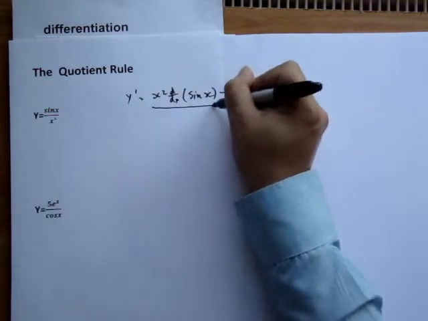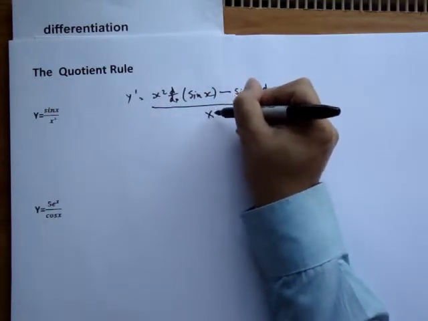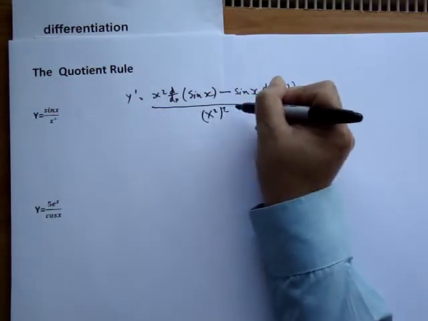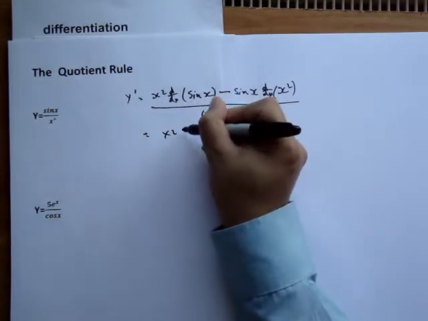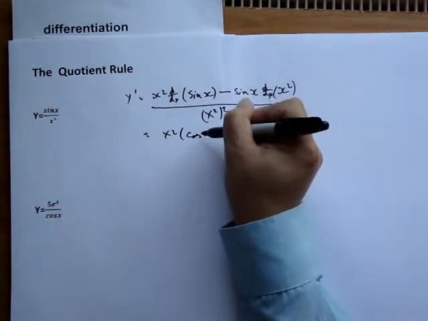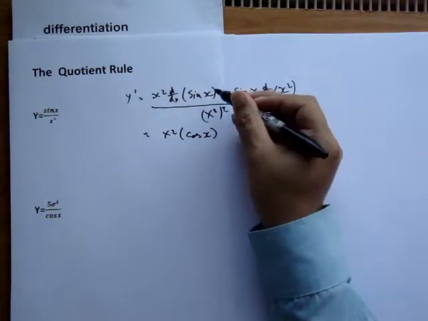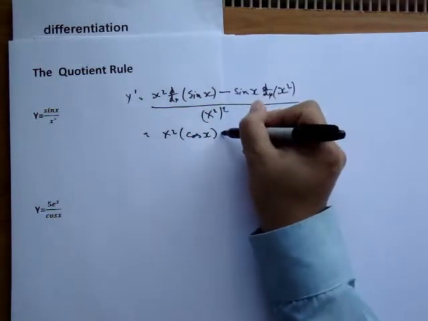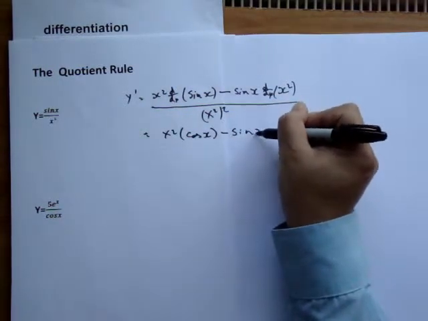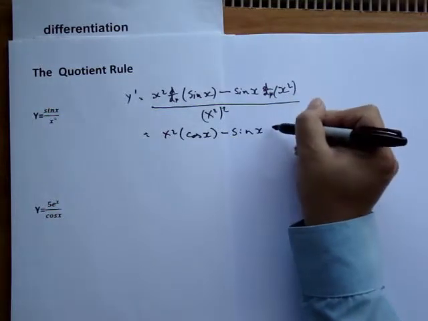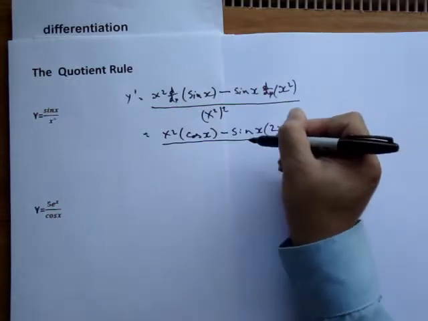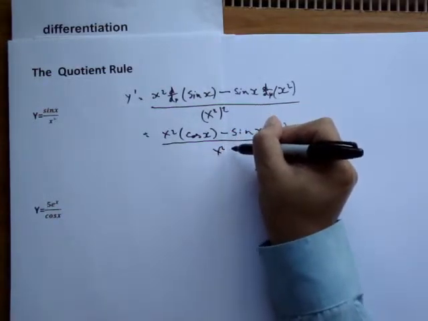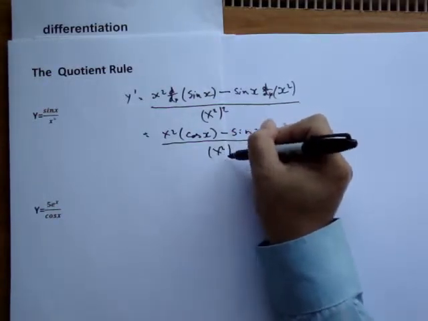And all that is over the denominator squared. This equals x squared cos x, getting the derivative of sine x, minus sine x, and the derivative of x squared is 2x, and all that is over x squared squared.